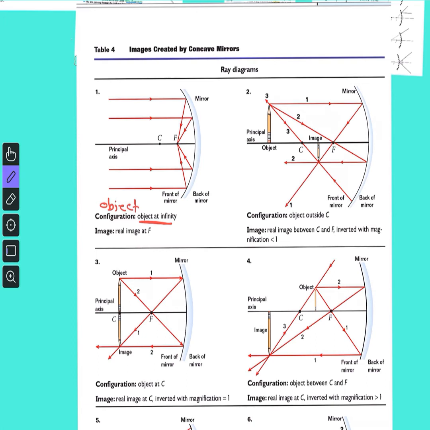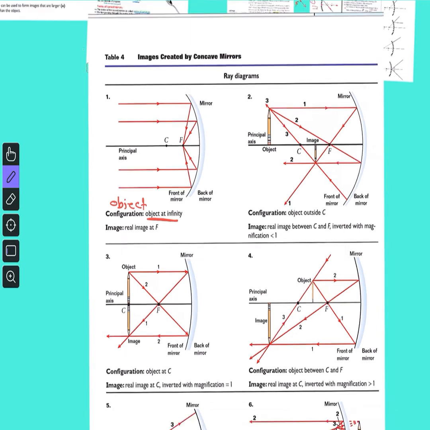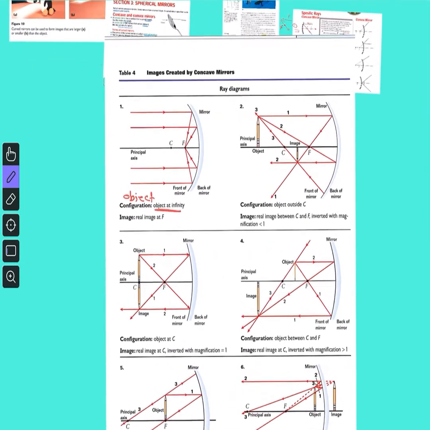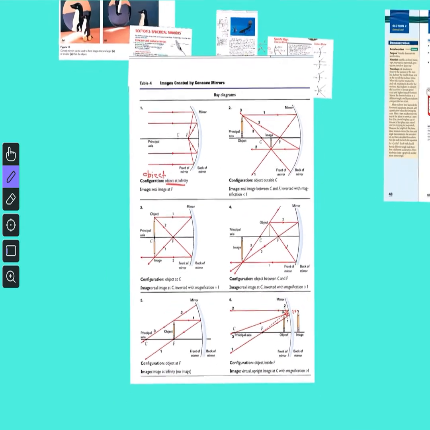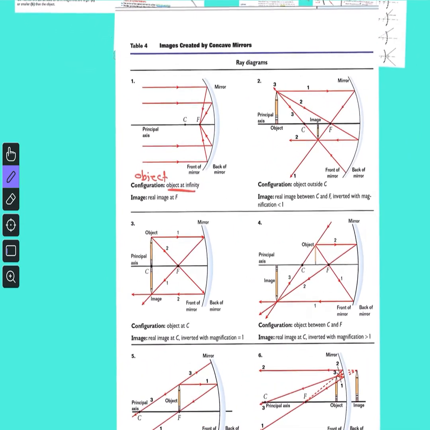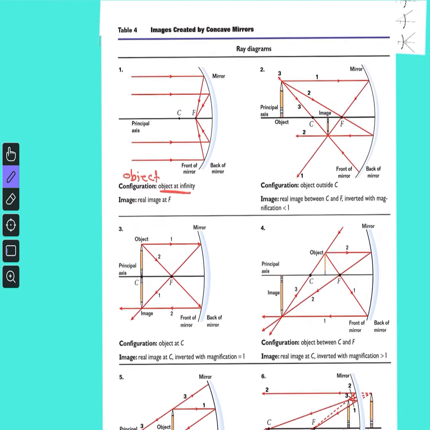Like the previous example that I showed you, like the radar. In the radar, the light is coming from the sun, and the sun is far away from the surface. That is why all the lights are coming and they intersect at one point, which we call the focal point.